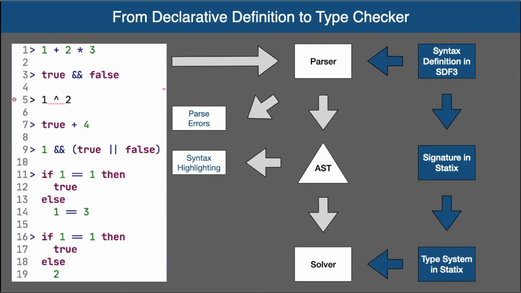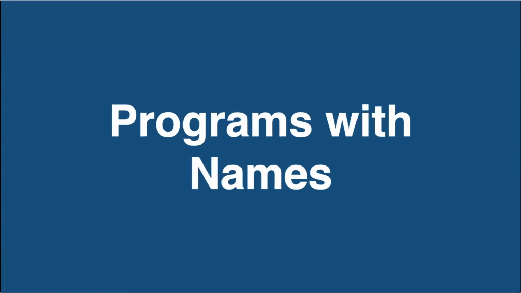These are interpreted by the solver, using the AST and the type system rules, and that gives us possibly type errors that are then displayed in the editor. So that's the basic idea of Statics, and if you're familiar with logic programming, that is pretty standard.